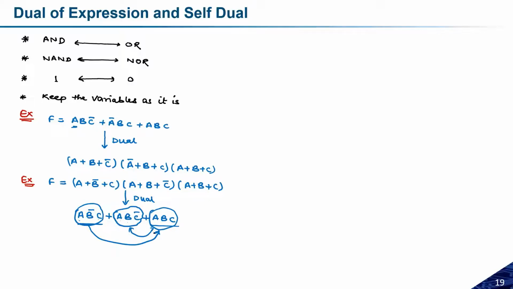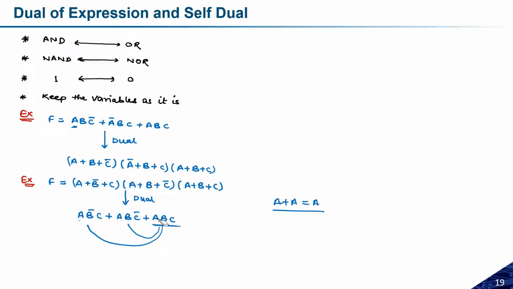So to simplify these functions, we know that a plus a is nothing but a. So because this a b c is common, if I'm making the pairing with this one or with this one, this can be the common term.